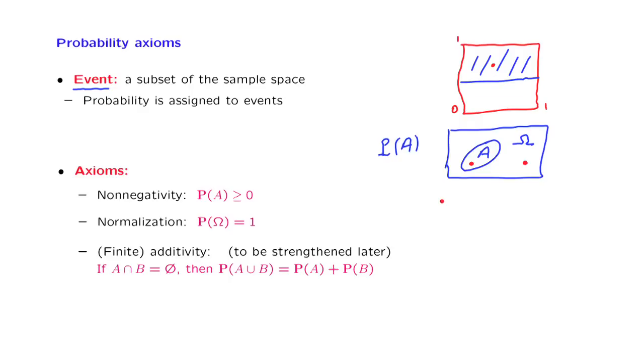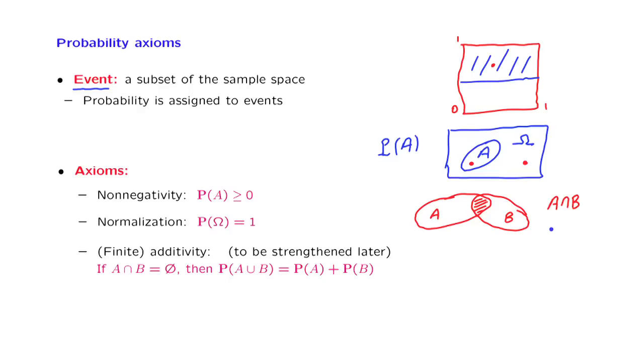Before we discuss that particular axiom, a quick reminder about set theoretic notation. If we have two sets, let's say a set A and another set B, we use this particular notation, which we read as A intersection B, to refer to the collection of elements that belong to both A and B. So in this picture, the intersection of A and B is this shaded set.